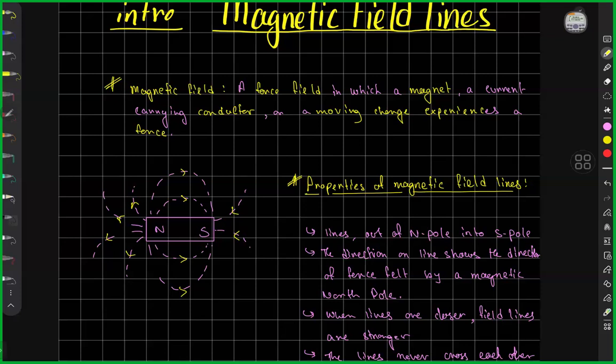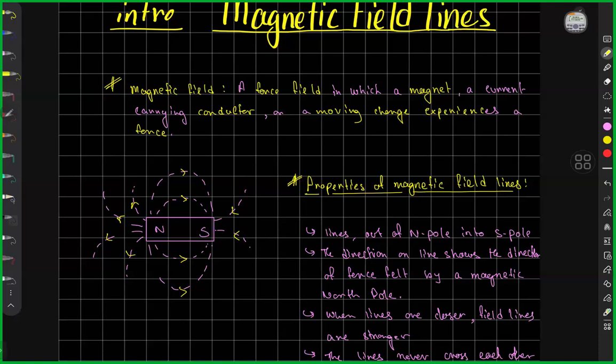Okay, so the moving charge will feel a force. So magnetic field is simply defined as a place, an area, a force field, where a magnet feels a force, a current carrying wire feels a force, and a moving charge will feel a force. Three situations. And that's how I define magnetic field.